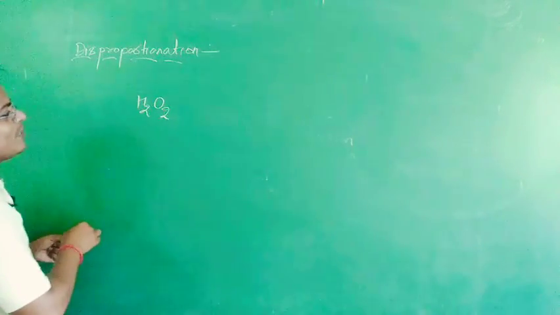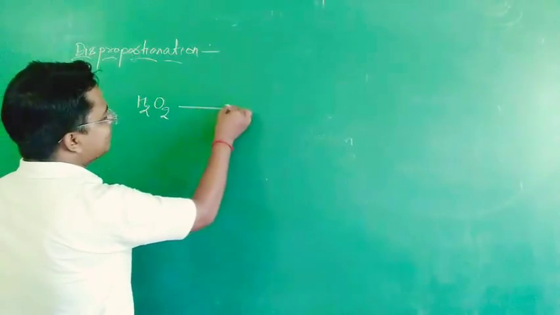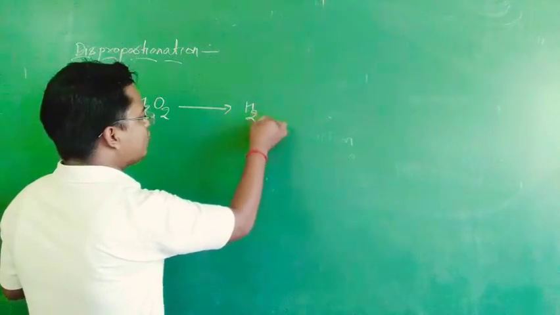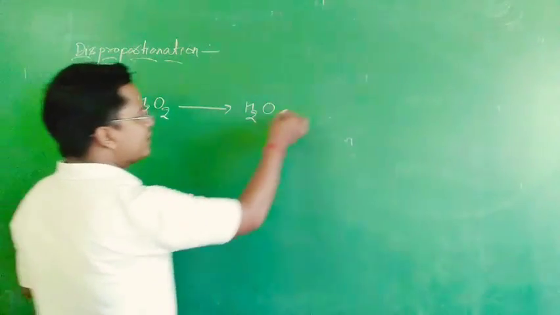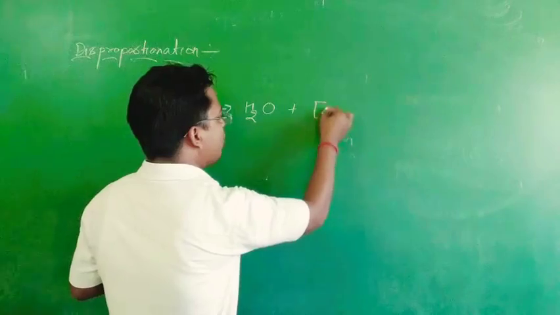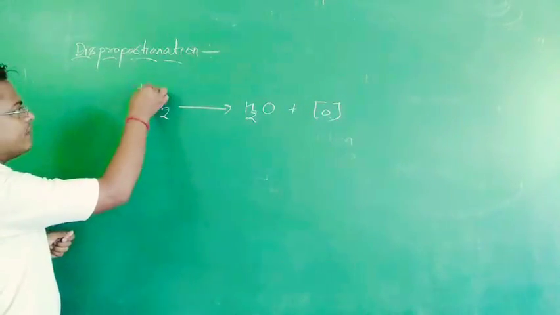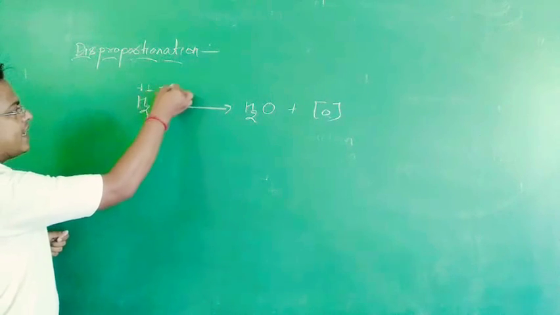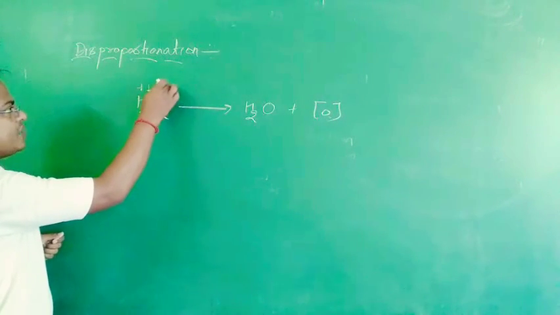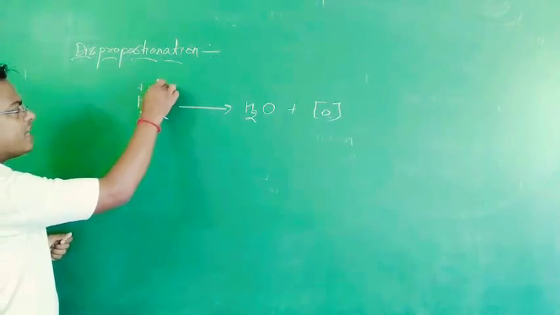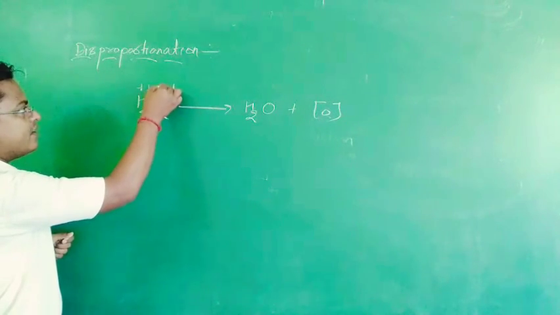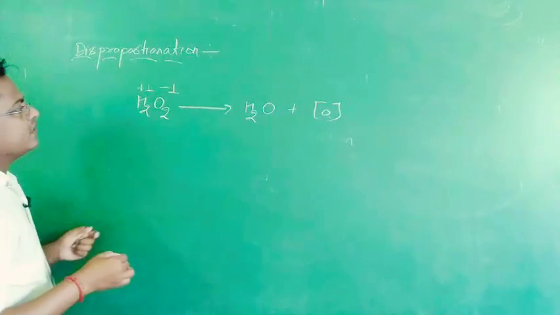H2O2, hydrogen peroxide, on decomposition gives water and nascent oxygen. Hydrogen has a +1 charge and oxygen carries a -1 charge instead of -2. It is a specific case.